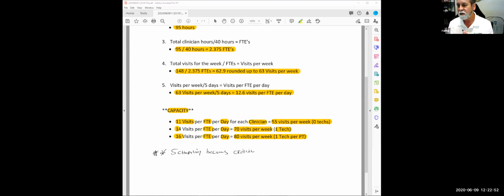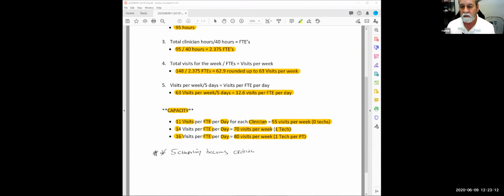So really, it was to me a double-edged sword. It's saying you can use techs if you want, but it's going to affect your productivity according to what we see, and your capacity.